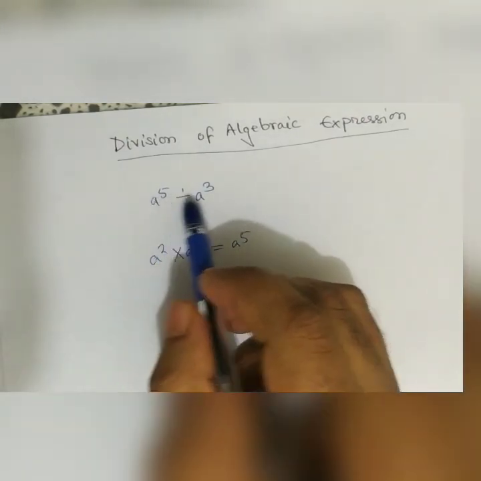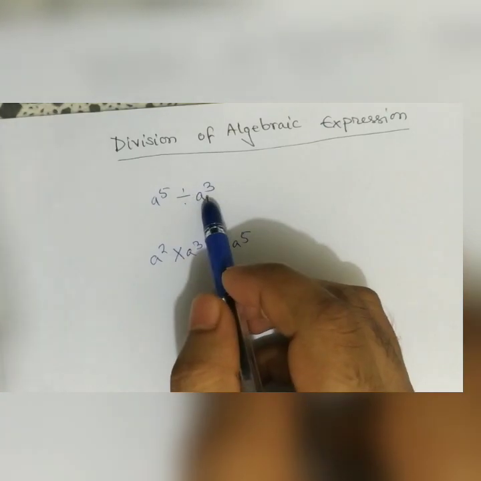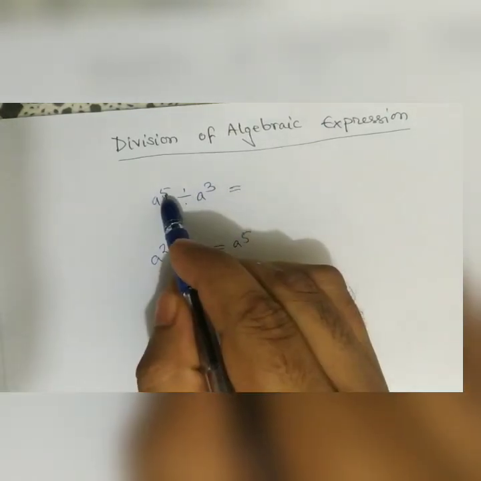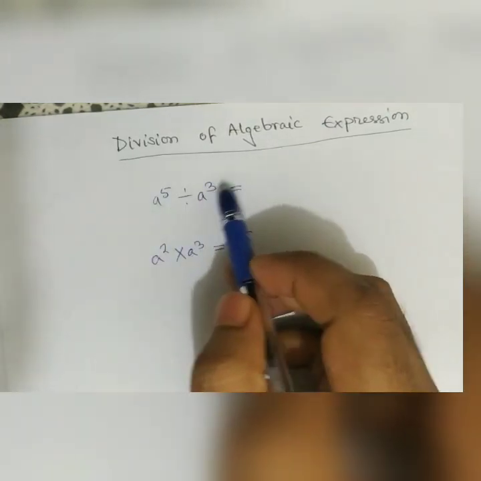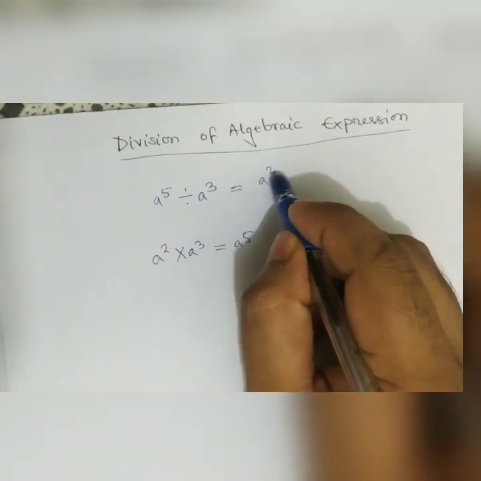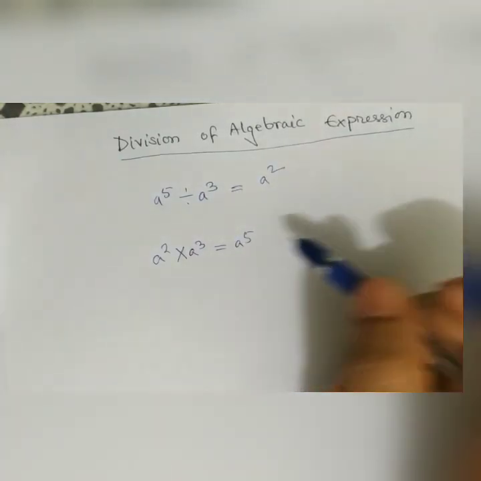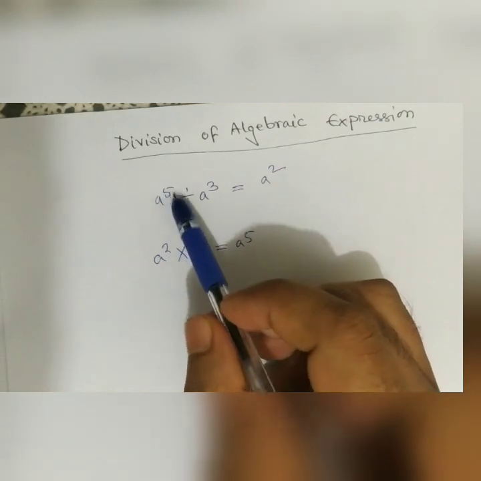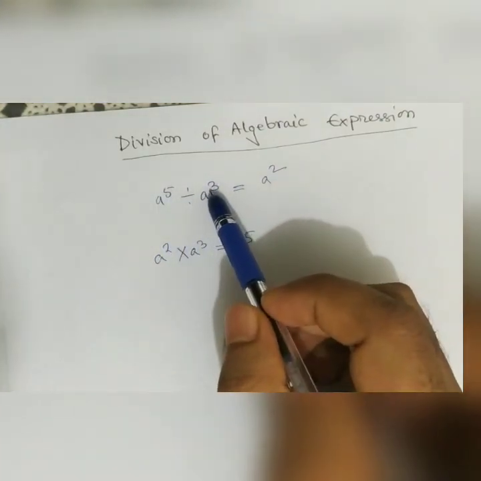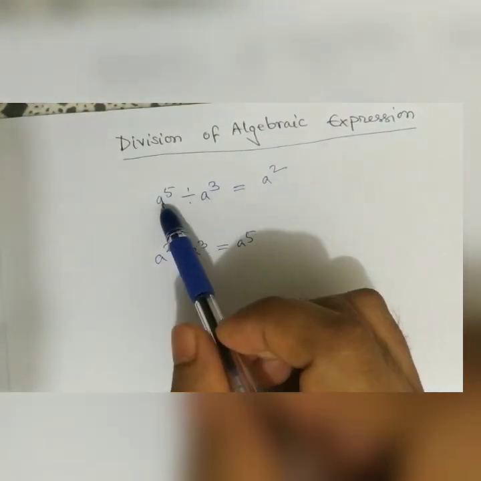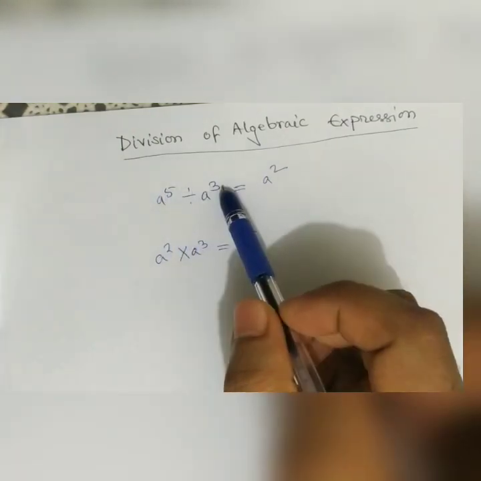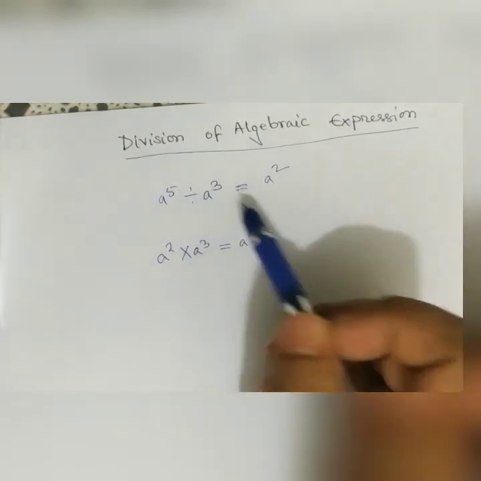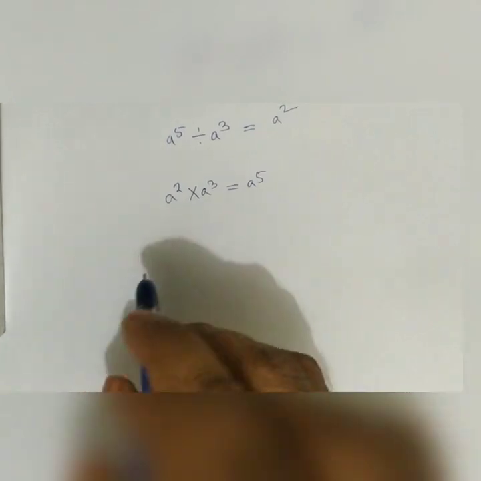In this case, since we are dividing a to the 5 by a cube, what will be the answer? You just subtract the powers. That means 5 minus 3, that is a square, right? So once we divide an algebraic expression by another having the same variable, the power gets decreased.